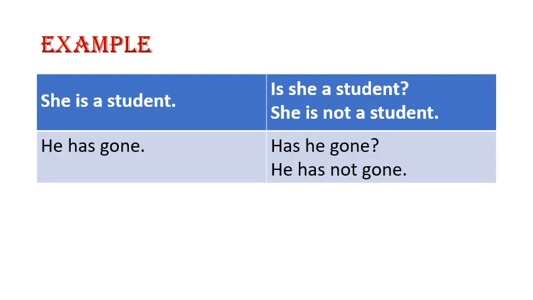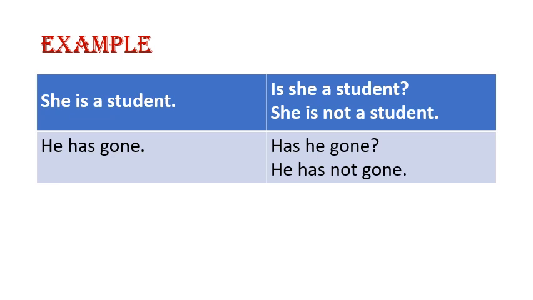Let us check the examples. She is a student. He has gone. Look at the first example. She is a student. Here is acts as a main verb, and it is a statement.